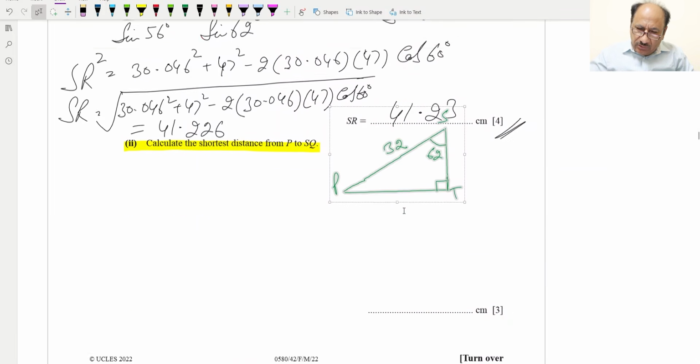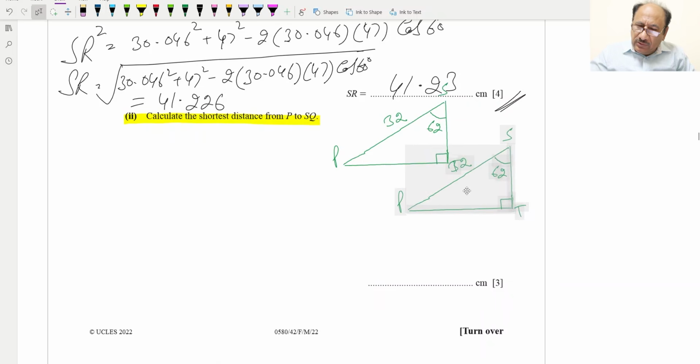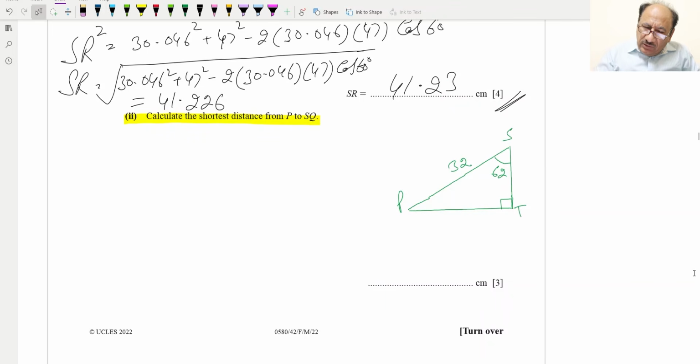We can use trigonometry to calculate this. So in this triangle we need basically the PT length, so we need to find this length.